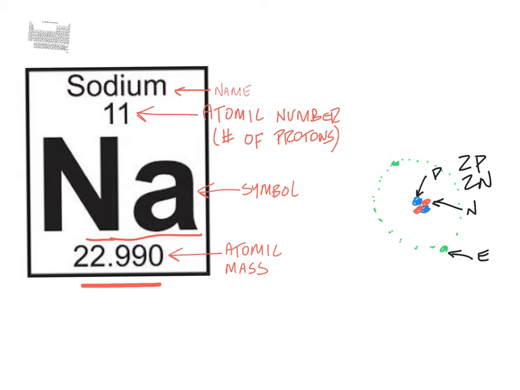And when we start talking about converting this into a mass number, the mass number for sodium is going to be 23.